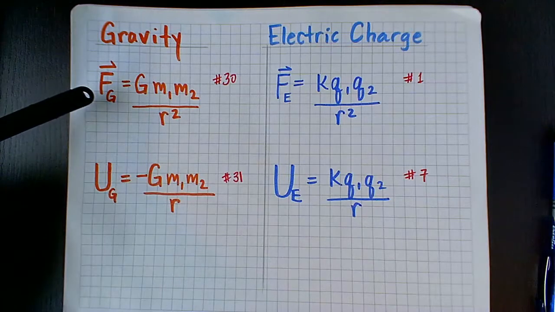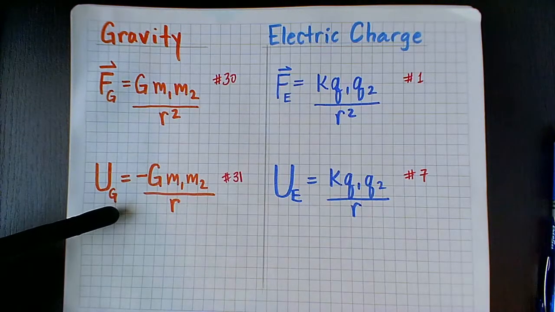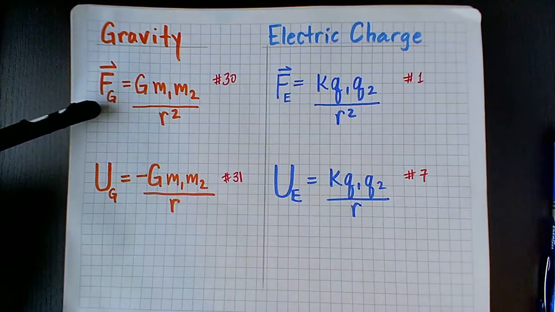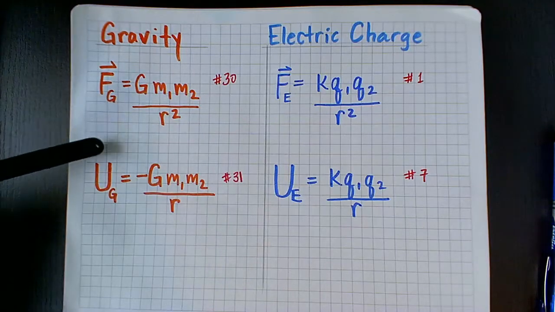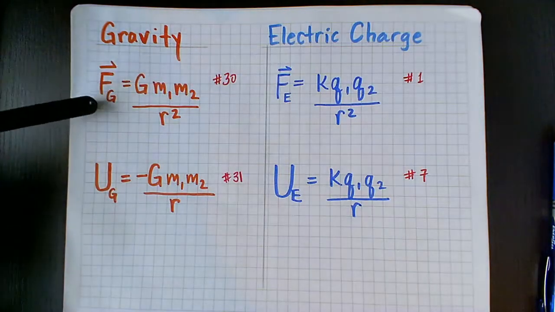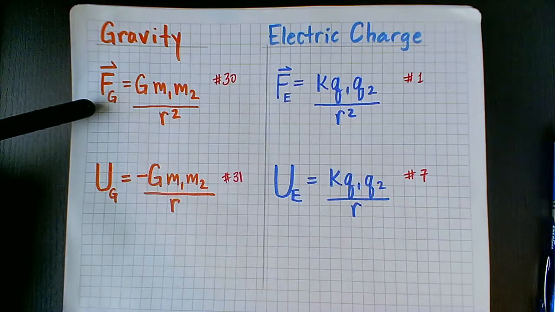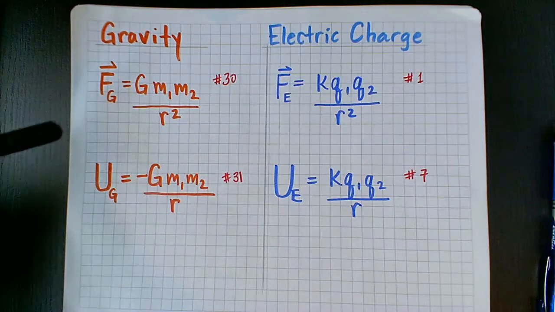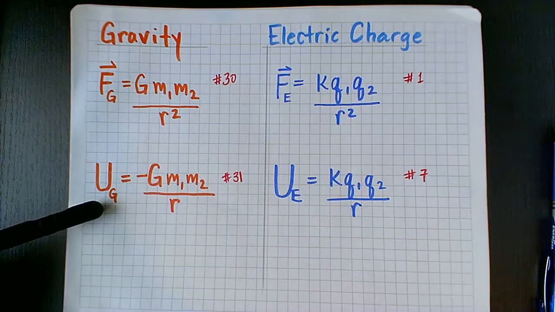You may not recognize these two equations immediately, but these are from the mechanics side of the AP Physics equation sheet. This is equation number 30. This is Newton's law of universal gravitation, and this is the equation for potential energy due to the gravitational force of some massive object.